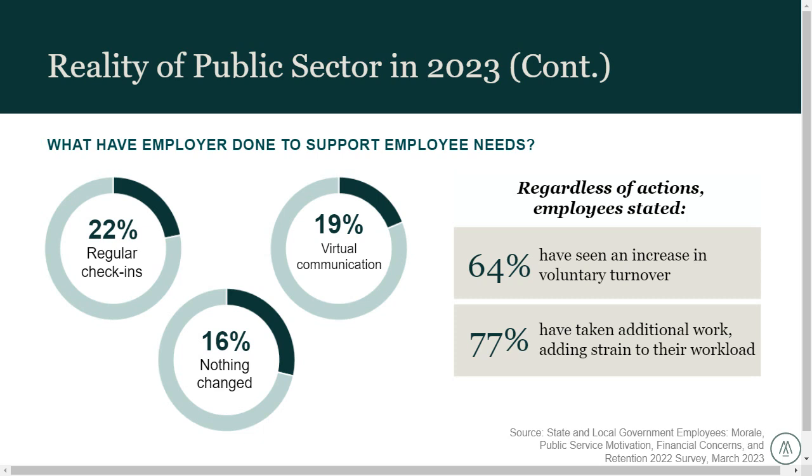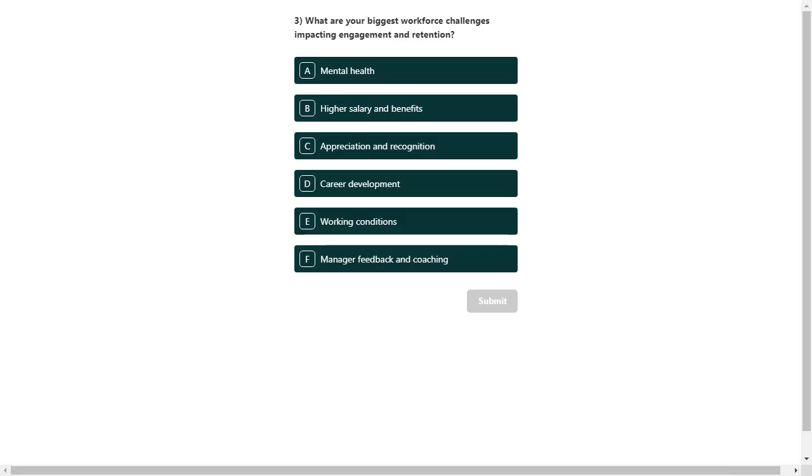And then when we look at some of these things, regardless of the actions that were taken, 64% are still seeing an increase in voluntary turnover, and 77% have still taken additional work, adding strain to their workload. So even though they're providing this feedback, being asked, we're still not seeing a lot of the big actions taken to help reduce the employee stress and workload and lower engagement and things like that.